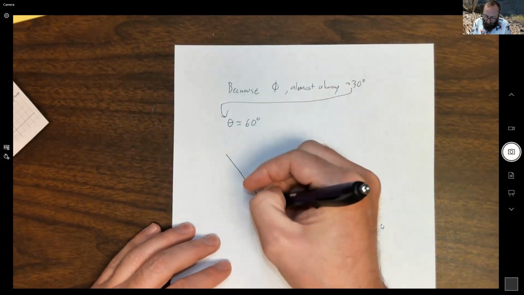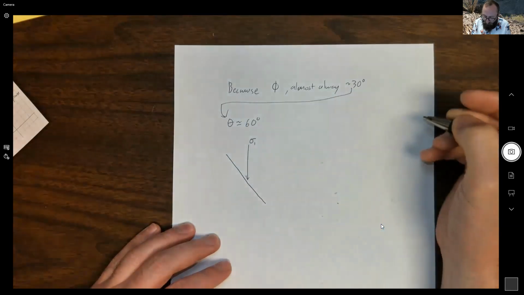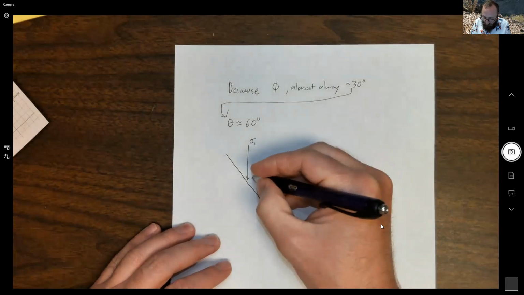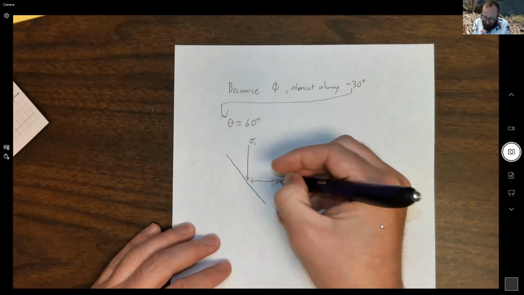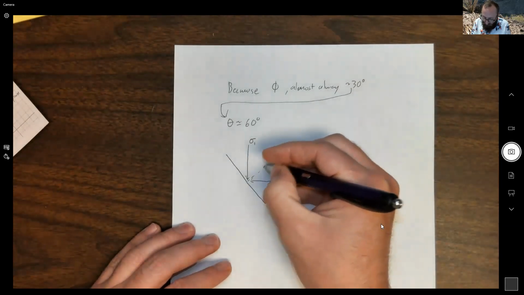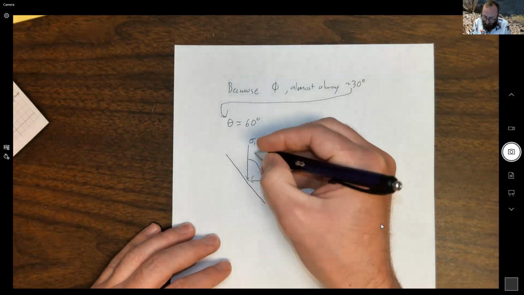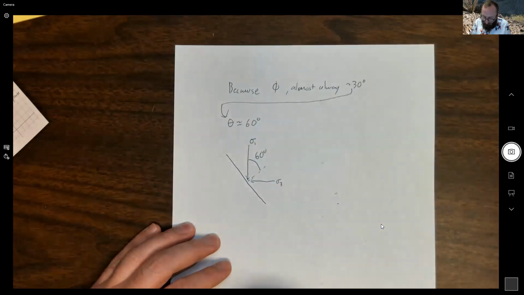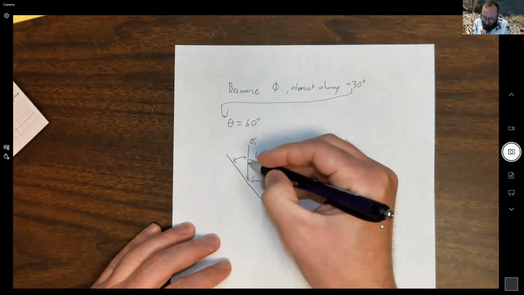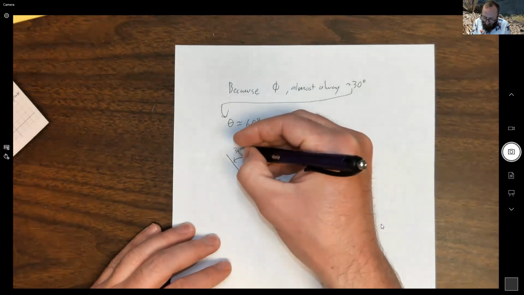If we think of what theta was with respect to sigma 1 and sigma 3, because sigma 3 is mutually perpendicular to sigma 1, this angle here, between the normal to the plane and sigma 1, is almost always 60 degrees. Therefore, the angle between sigma 1 and the fault plane itself is almost always 30 degrees.